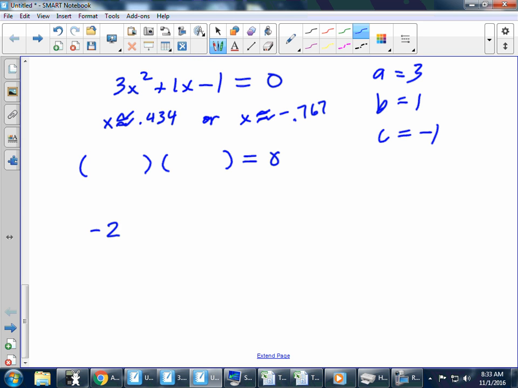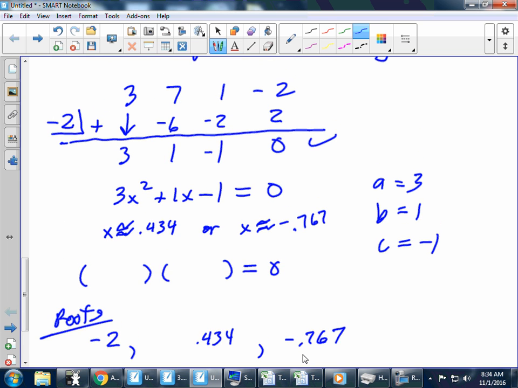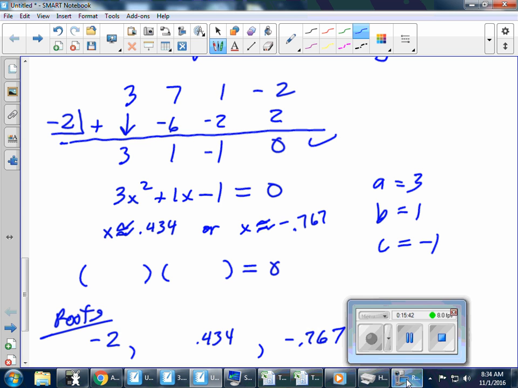Is negative 2 a double? 0.434, negative 0.767. Check that out. When you graph it, what do you get? I'm going to pause. Cool. Thanks for listening. Hope this helps.